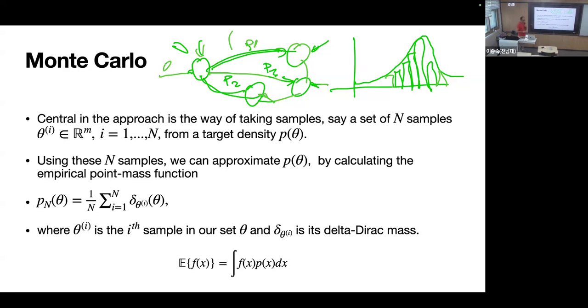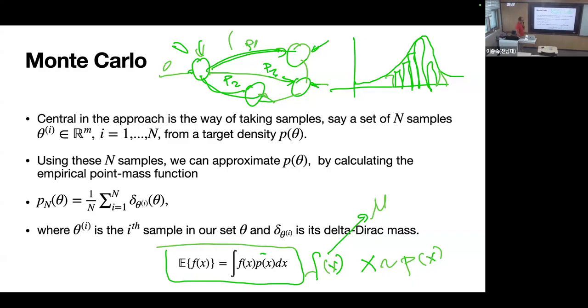So the goal of what this is solving is, if I have a random variable x distributed with some distribution p over x, and I have some function f of x, what is the mean value of this function? So how are we doing it? We have to solve this integral.